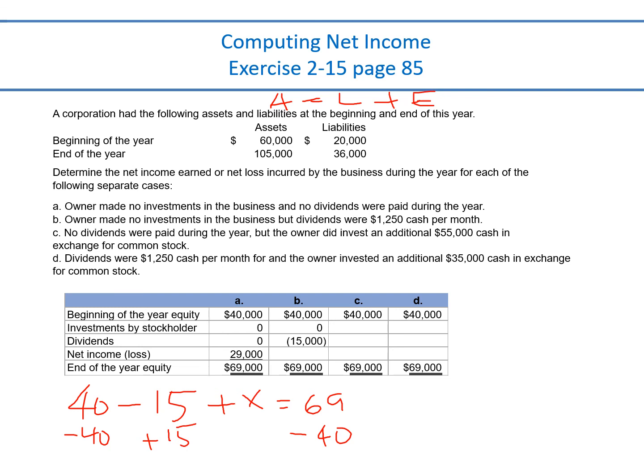We add 15 to each side. So 69, that makes this 0. That makes this 0. All we're left with is x. So x is equal to 69 minus 40 plus 15, or $44,000, right?